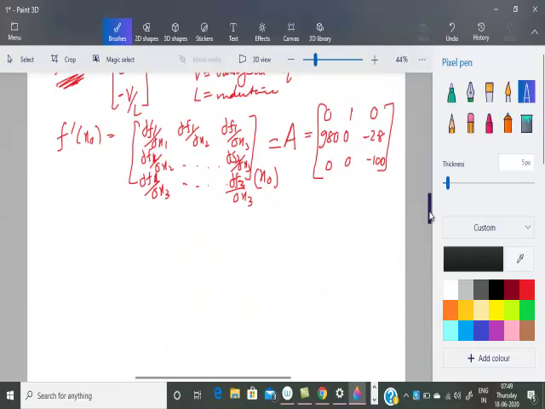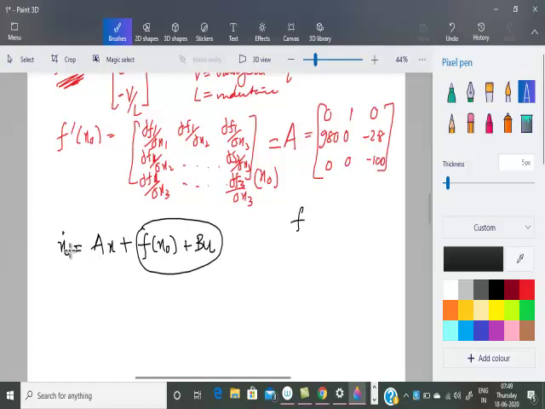So once you do this linearization, you can write down x dot as Ax plus fx0 plus bu. Now these two can be combined.